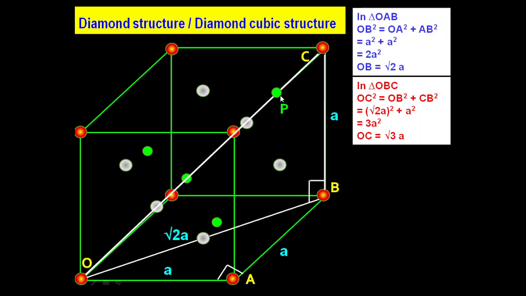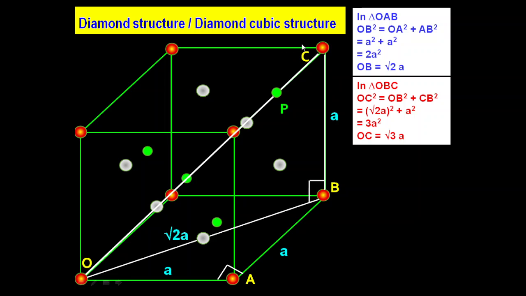Because P is at 1/4 distance of this diagonal, PC is root 3 A divided by 4, because P is present 1/4 distance from C atom.